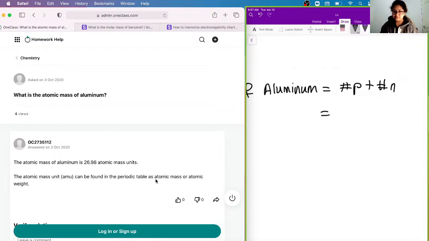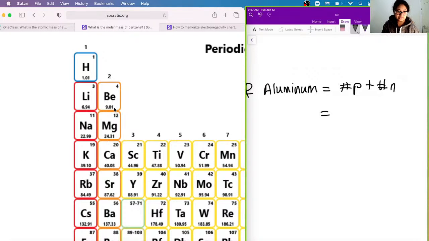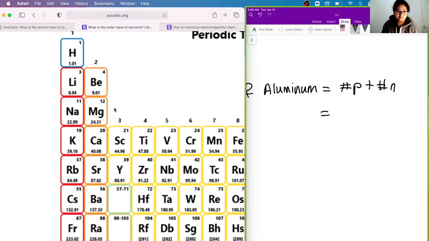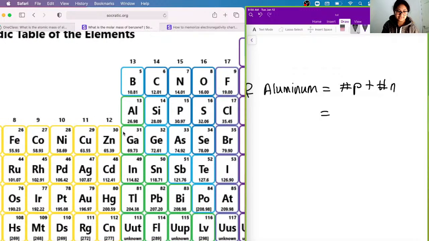So we know aluminum is in group 3. It has an atomic number of 13, so the number of protons is also equal to that. In most cases, your number of neutrons will be equal to the number of protons, so this is 13. You add these two, you get 26.